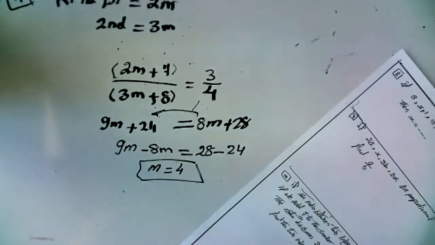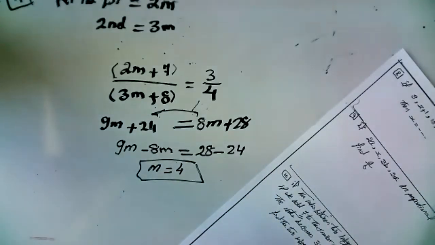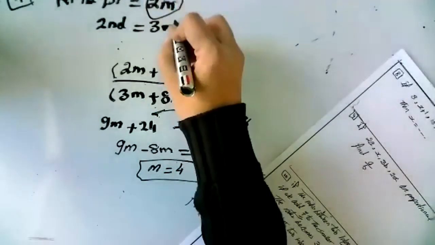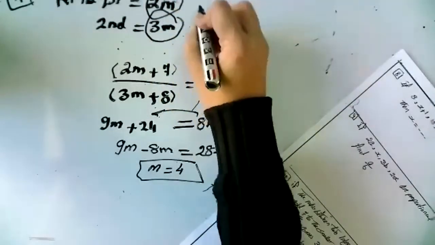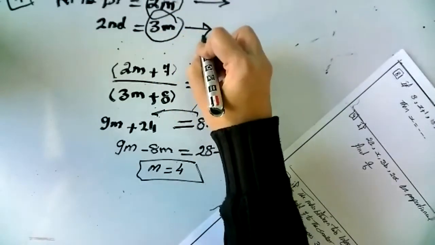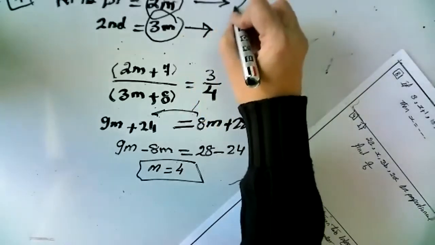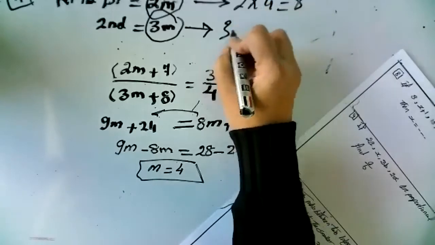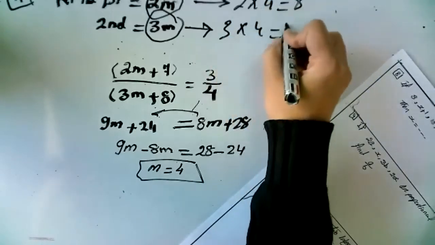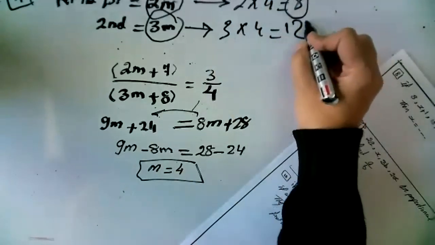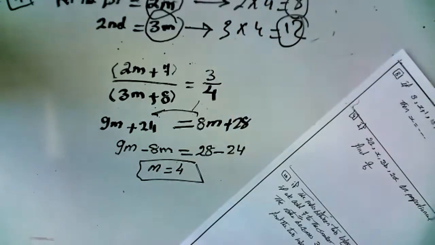But the question is to get the real values of the two integers. The two integers, 2m and 3m, replace m by 4 to get the first number. 2 times 4 equals 8, and 3 times 4 equals 12. Then the real values of the two integers are 8 and 12.